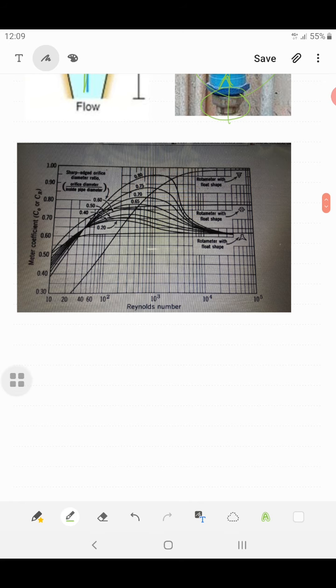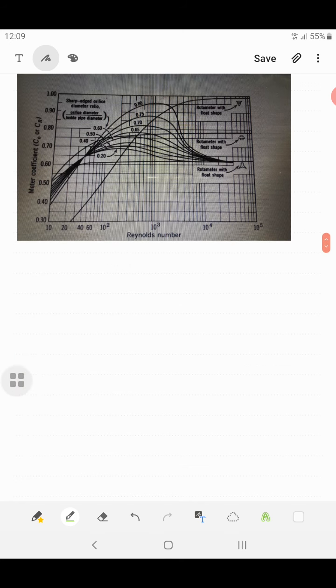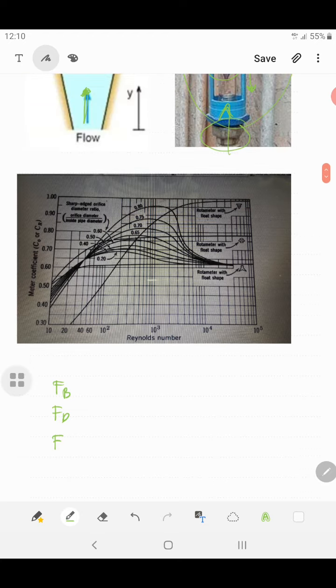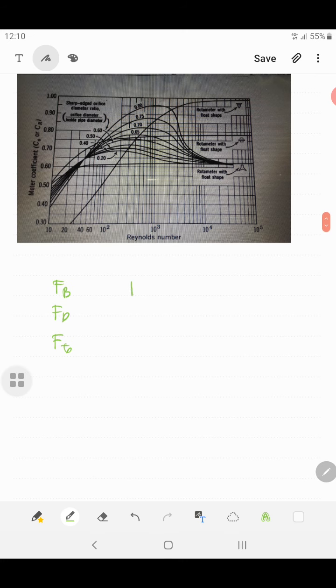So we have Fb, Fd, and Fg, and the balance of the forces is Fg equals Fb plus Fd.